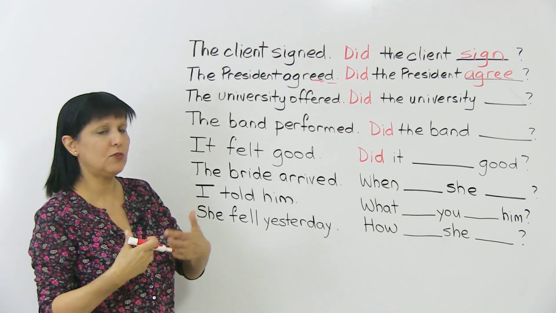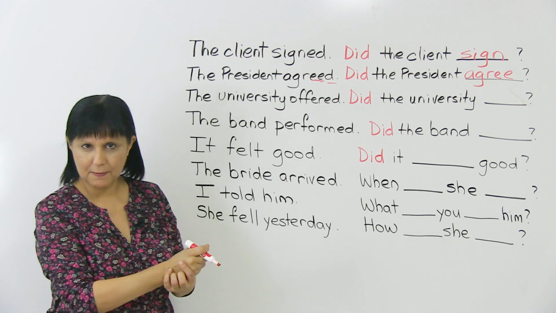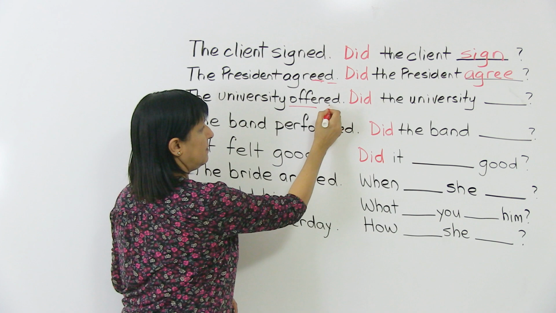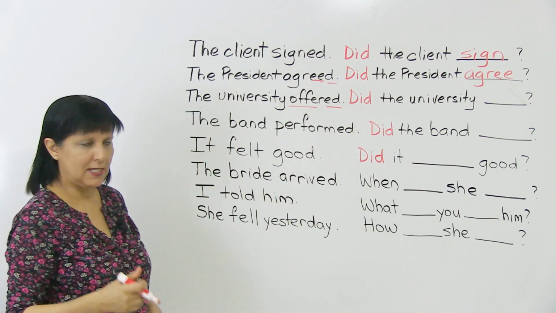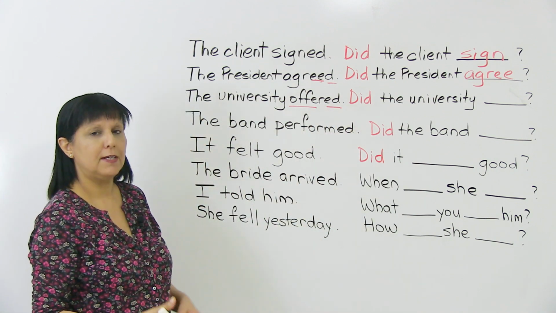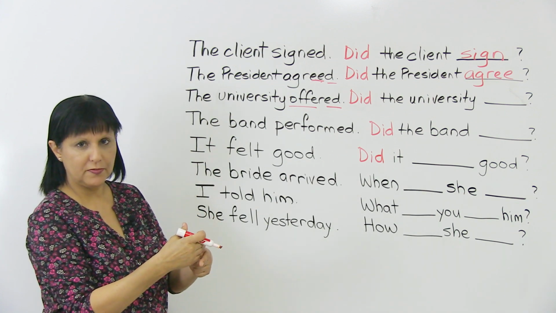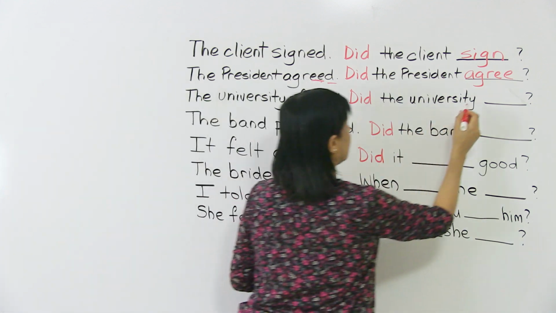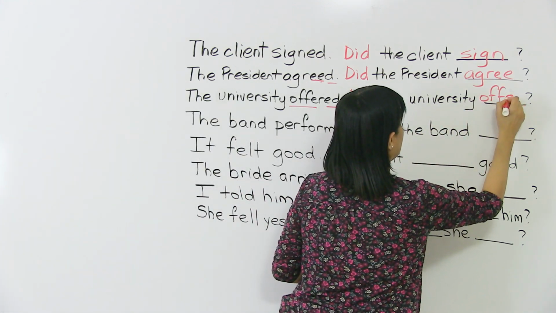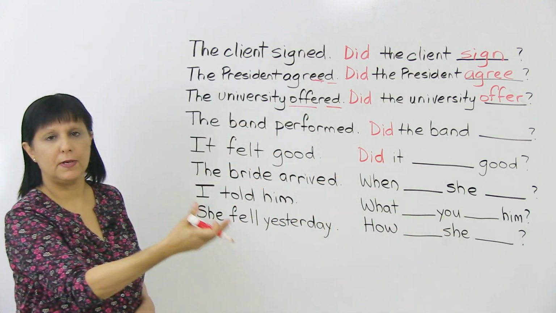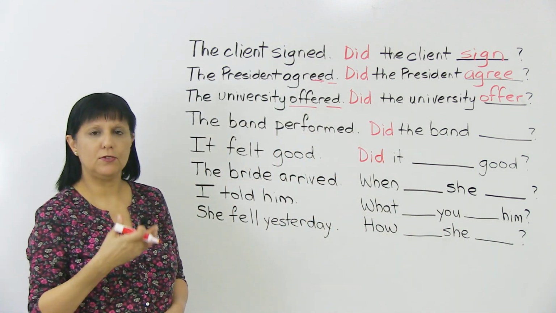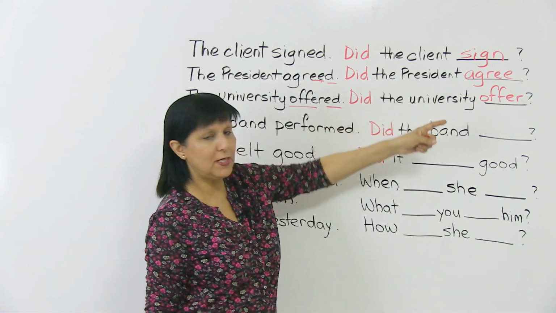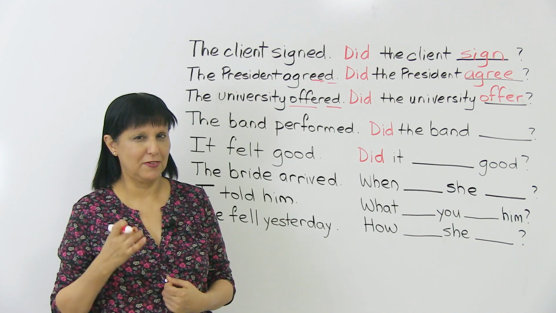Maybe something like the university offered him a scholarship. Okay, so we know that the verb is offer. Then we added ed, became past tense. The university offered. But when we go back to the base form of the verb in the question, it becomes, did the university offer him a scholarship, right? Did the university offer him a scholarship?